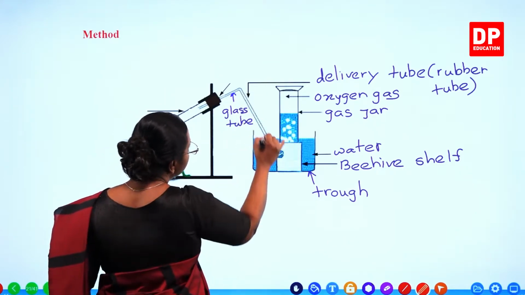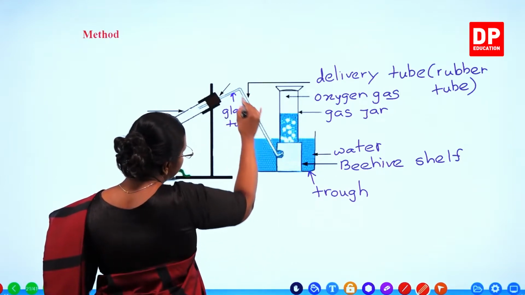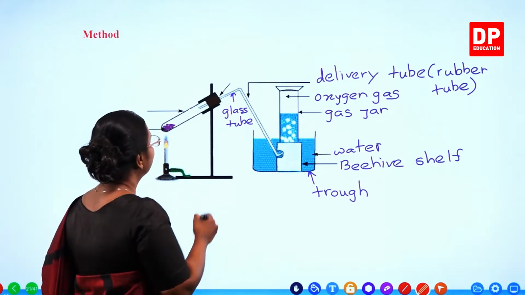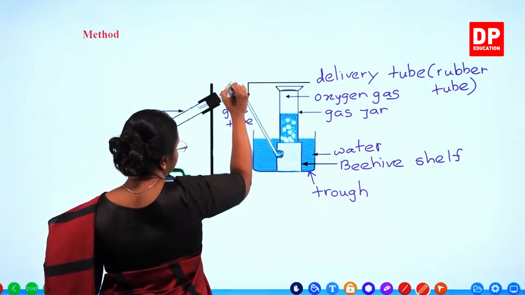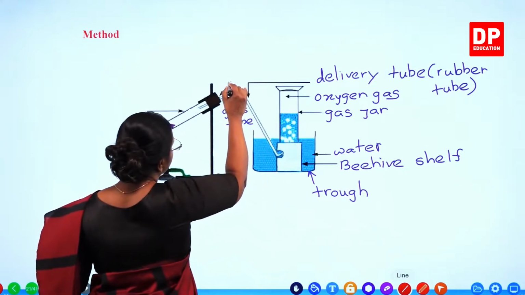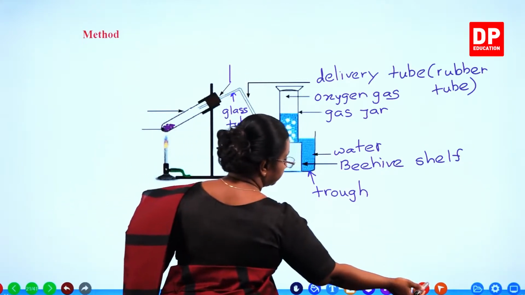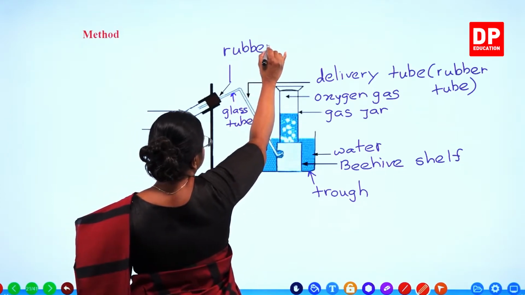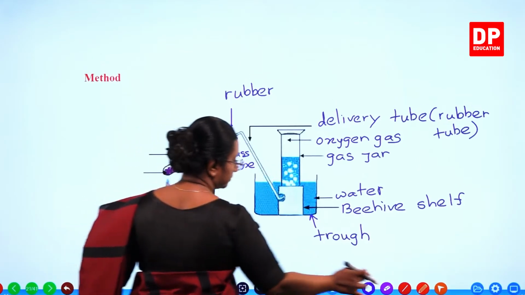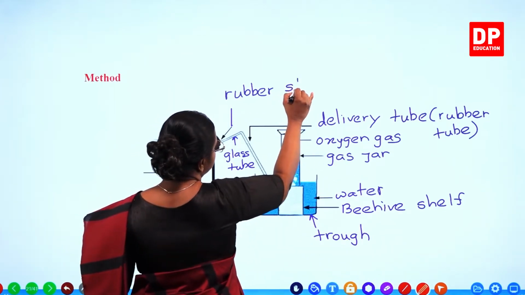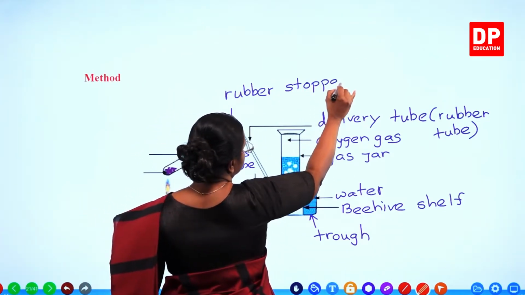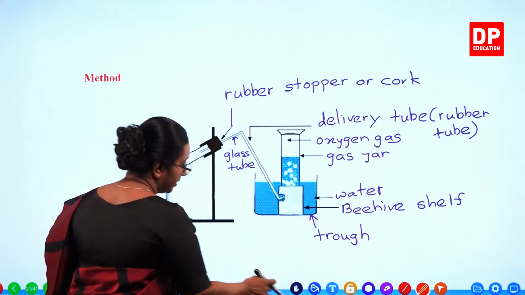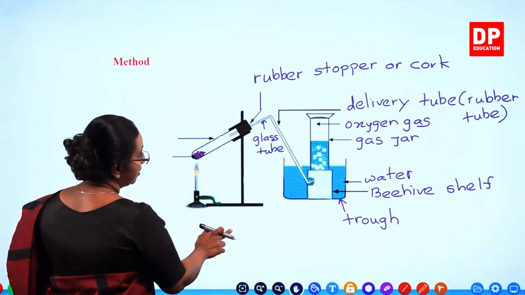That is the full glass tube. It is bent in this manner, so that is what we call the delivery tube as well. And here we have the rubber stopper. Or you can have a cork stopper. That is needed there.